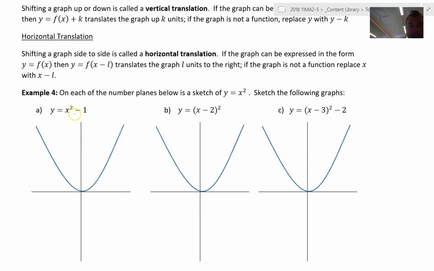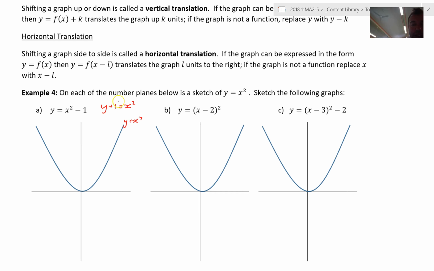Now, I want to do x squared minus 1. Well, that is the same as saying y plus 1 equals x squared. That means instead of y equals x squared, my familiar one, I now have y plus 1 equals x squared. That means it's got to go down.